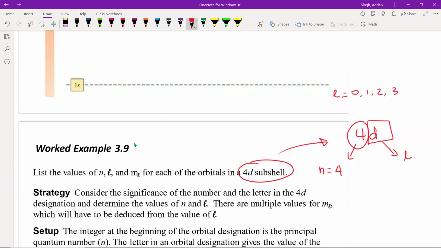So these L values correspond to: the 0 corresponds to the s, the 1 corresponds to the p, the 2 corresponds to the d, and then the 3 corresponds to the f. So what is d equal to? Well, in this case, d, which is the L value, would correspond to 2. So L would be equal to 2 in this case.